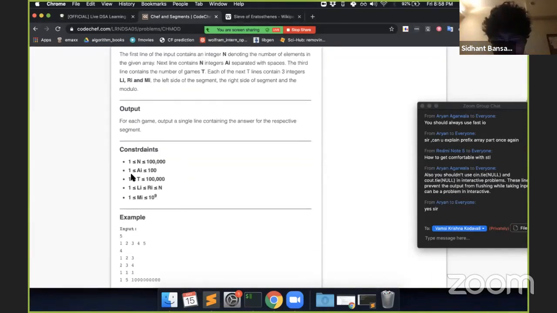The main hint is that A i is pretty small, so you can run 100 operations in each query. And your modulo is not prime, so don't try to do some modulo inverse thing, like 1 upon x under mod p, because your mod might be composite. So it becomes very tricky.